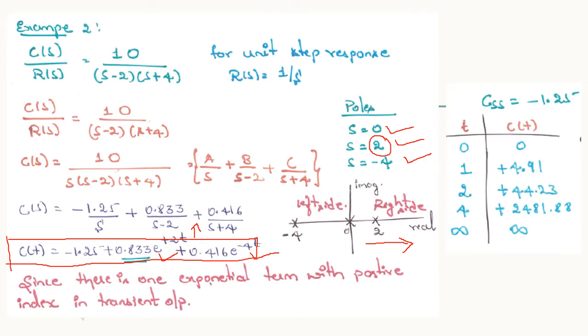Even though the system has terms which are negative, or which are on the left side, still the system is unstable. As I increase the value of t to infinity, the final value I get is infinity. This is because of this one term, that is 0.833 e power plus 2t.